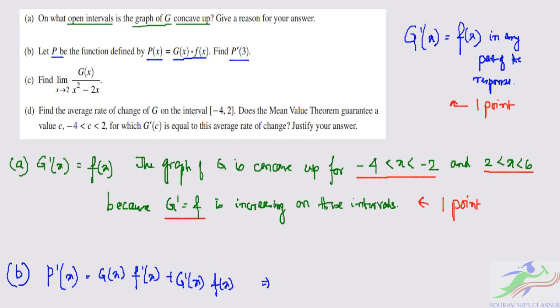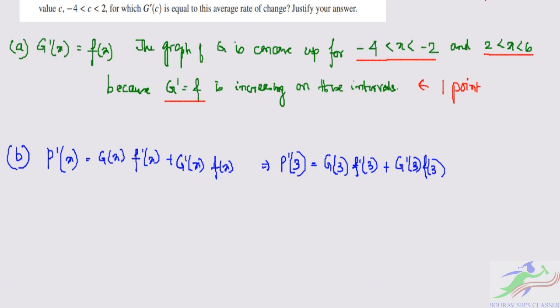So P prime of 3 is equal to g(3) f prime(3) plus g prime(3) f(3). That is the product rule.